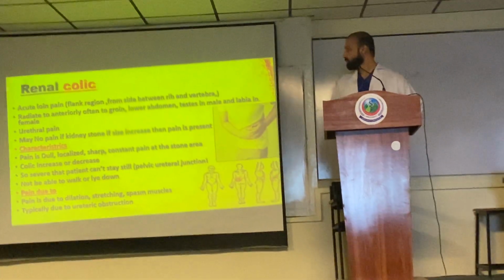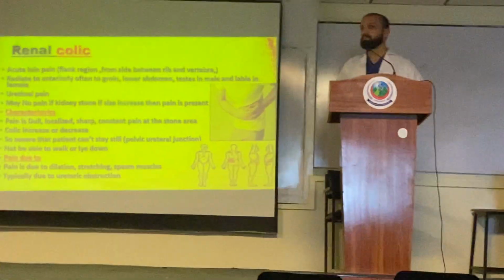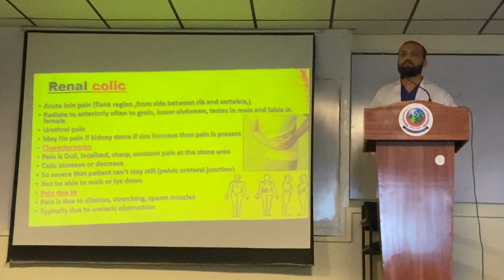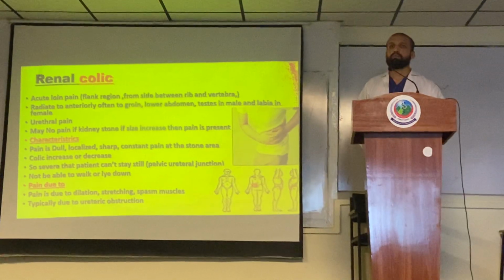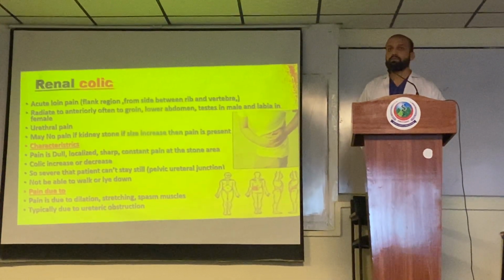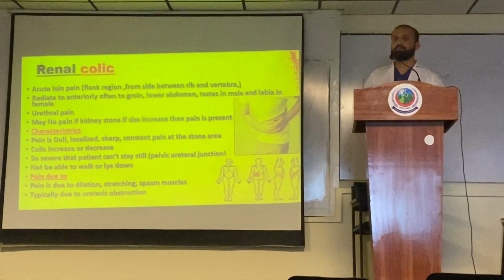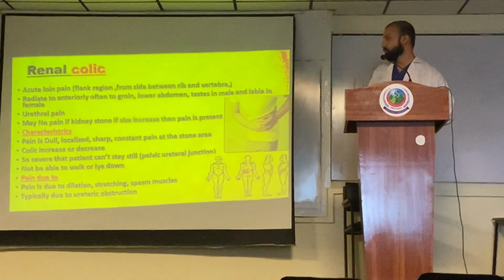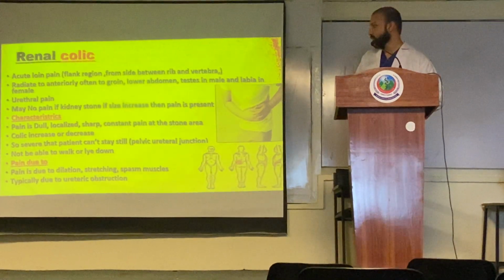Patients with pain in the kidney usually present with spasm of the overlying muscles as well. They hold it this way. What is the reason? Because of the overlap of dermatomes. So the patient will have spastic muscles and be in severe pain.